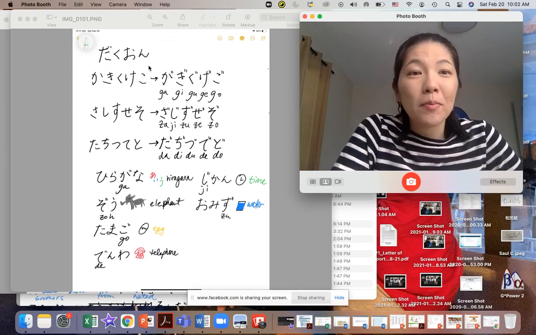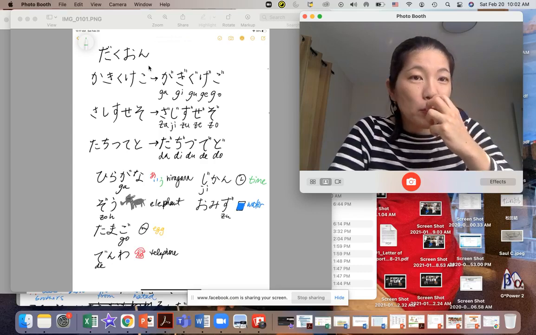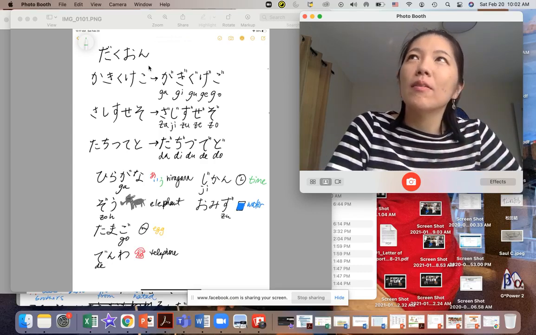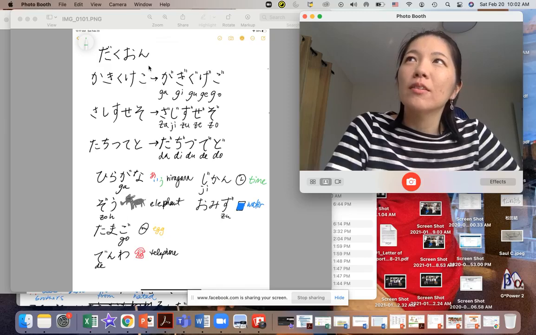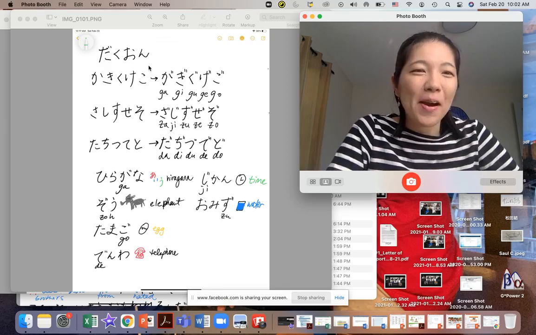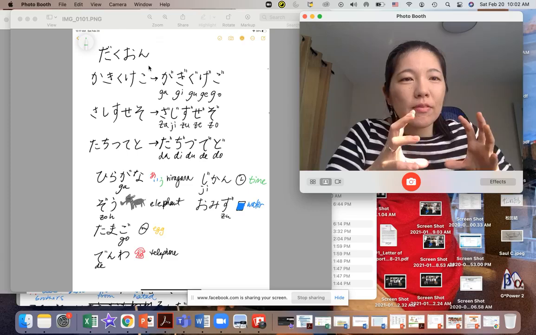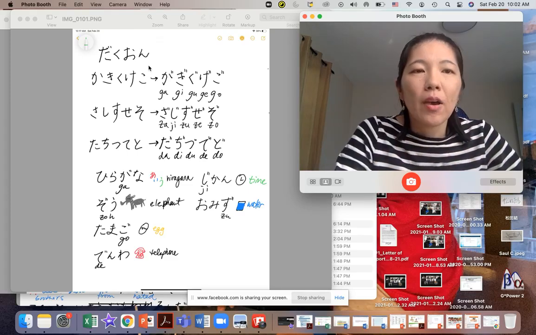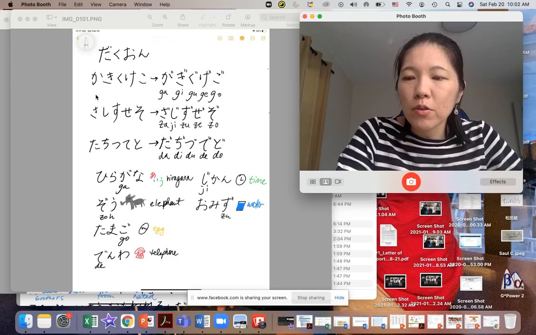What does that mean? That means sort of like the sound that is a little bit not straightforward, smooth. So for example, we have kakikukeko, right?